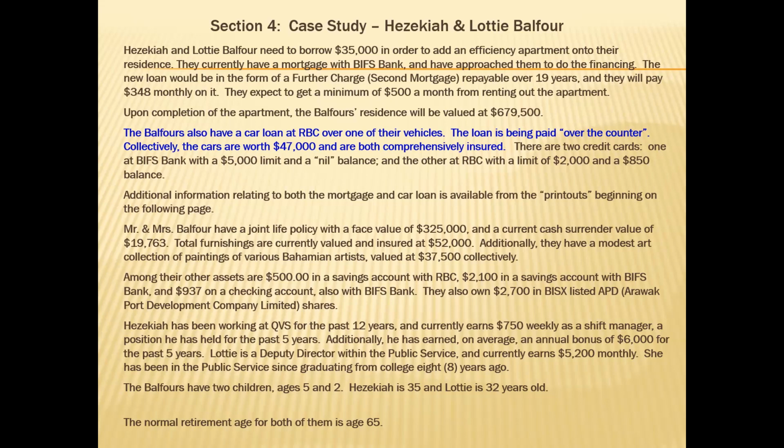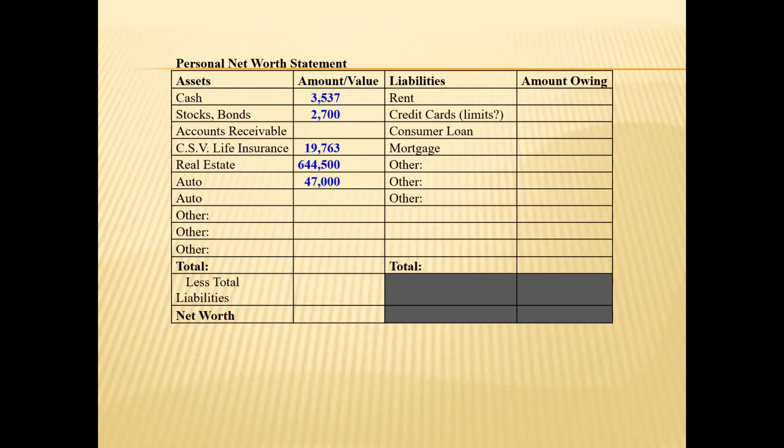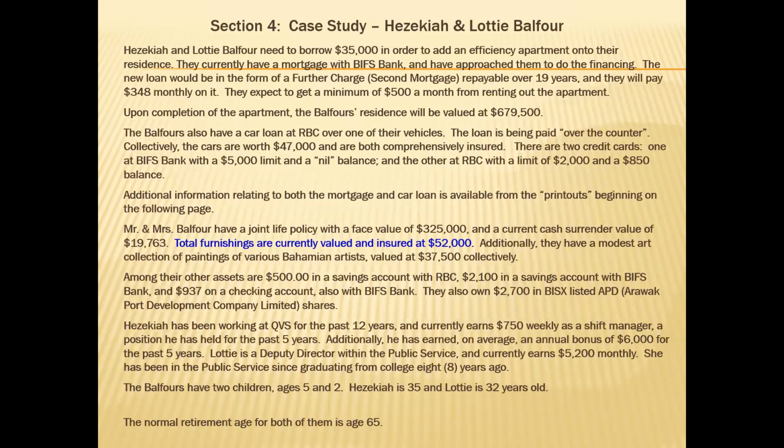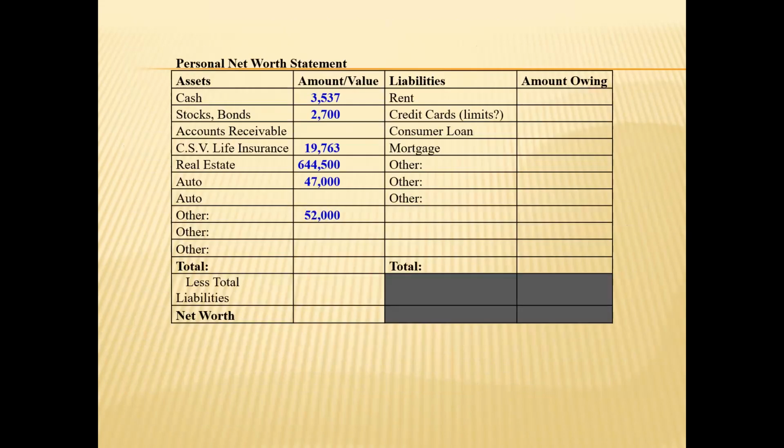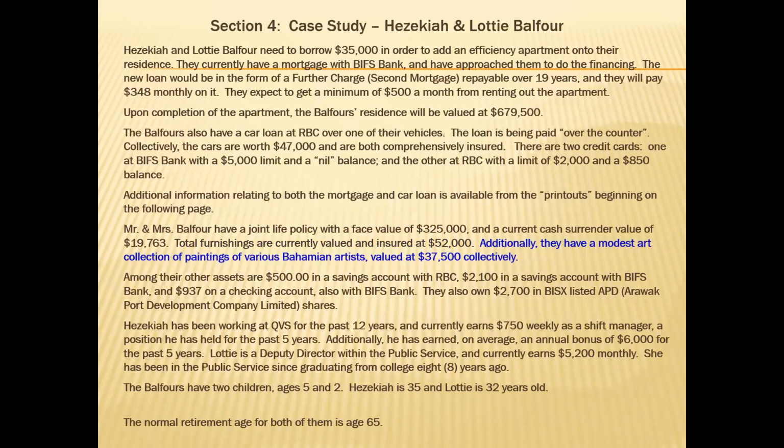So we put that amount in. Are there any other assets? They have furniture and art. Total furnishings are currently valued and insured at 52,000, so we put the 52,000 in there. They also have an art collection worth 37,500, so we put that in as well.